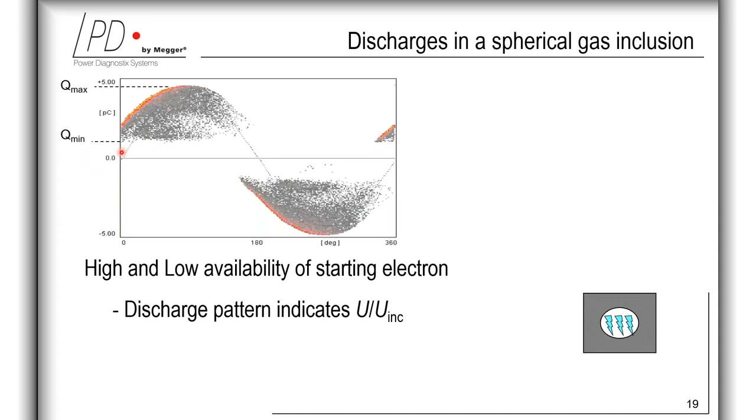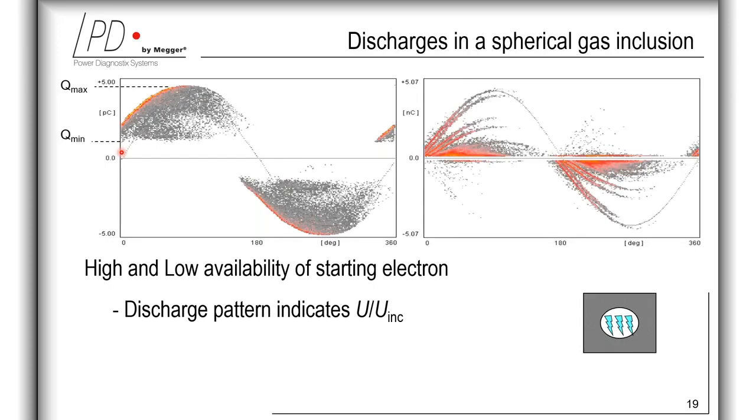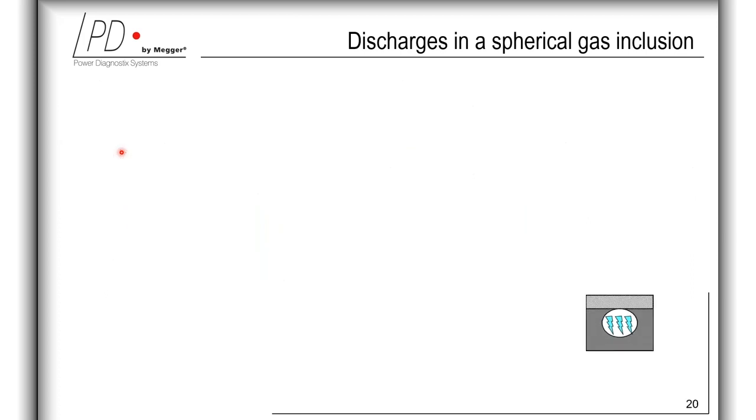Here we can see the offset. The inception voltage basically is the applied voltage at which partial discharge activity starts, while the extinction voltage is the applied voltage where the activity stops. And the ratio between them is one of the typical indicators for the partial discharge type.